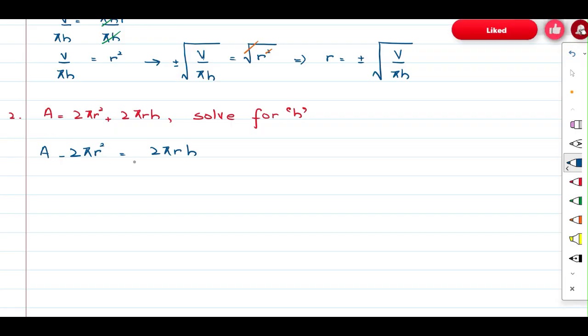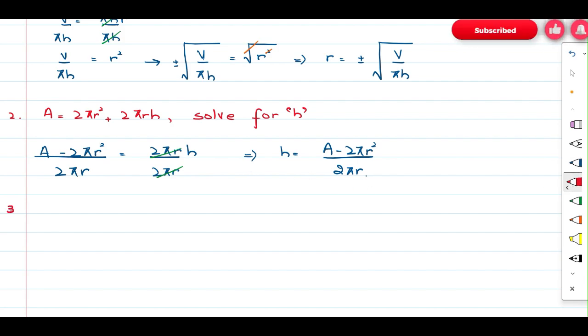To solve for h, divide both sides by 2 pi r. Here 2 pi r and 2 pi r cancel out, and you will get the value of h, which is A minus 2 pi r square over 2 pi r. This is h in terms of A and r.